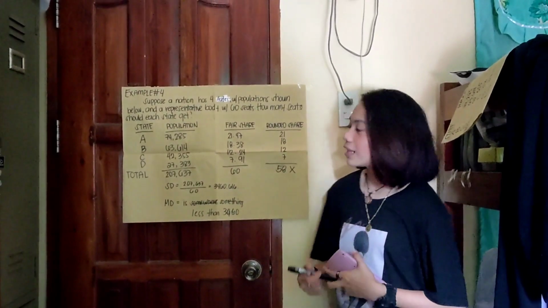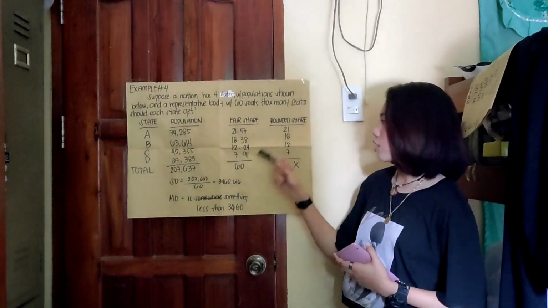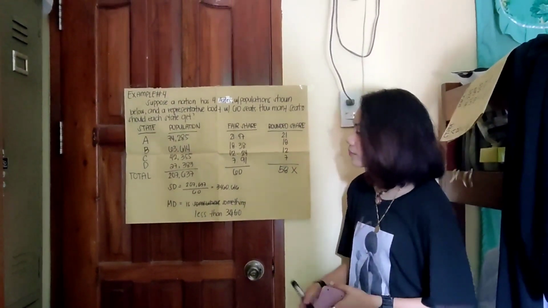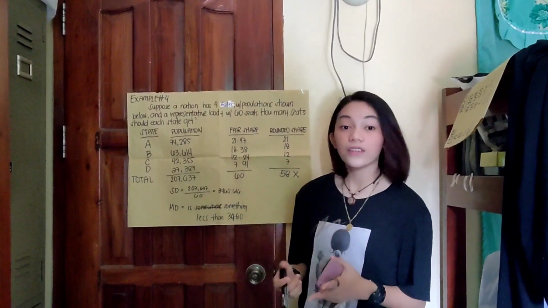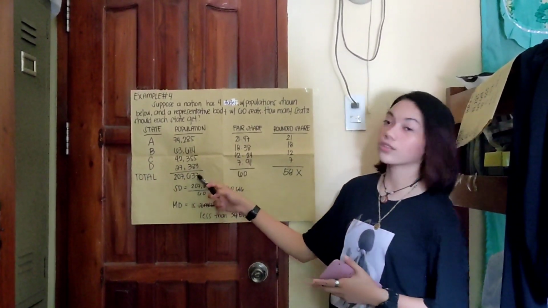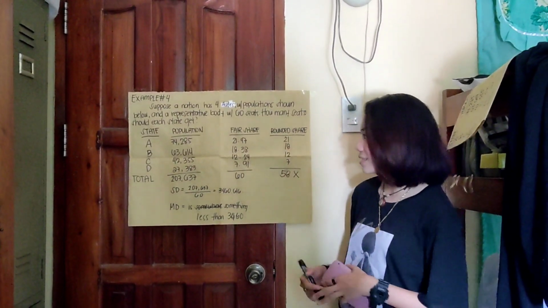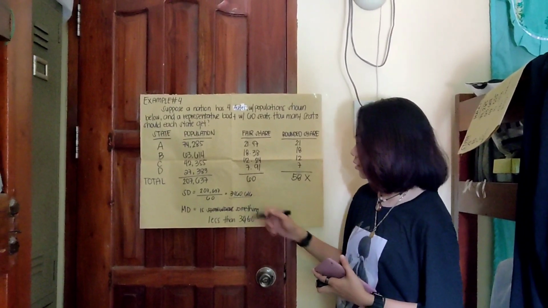So, let's say this is our state, population, fair share, and rounded share. To get our standard divisor, you divide 637 into 66. Here's the result.